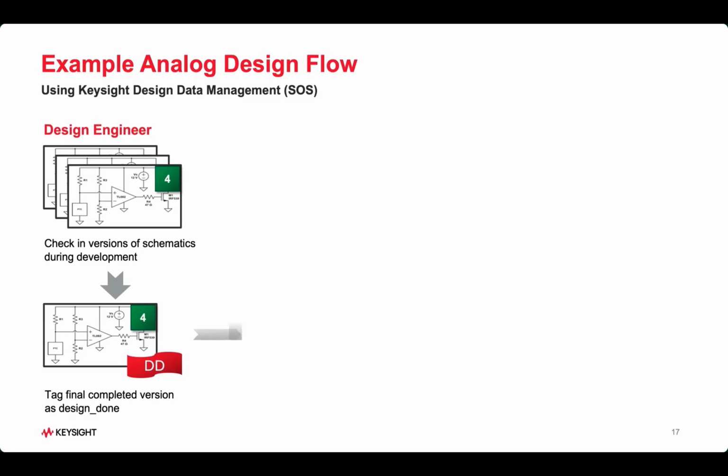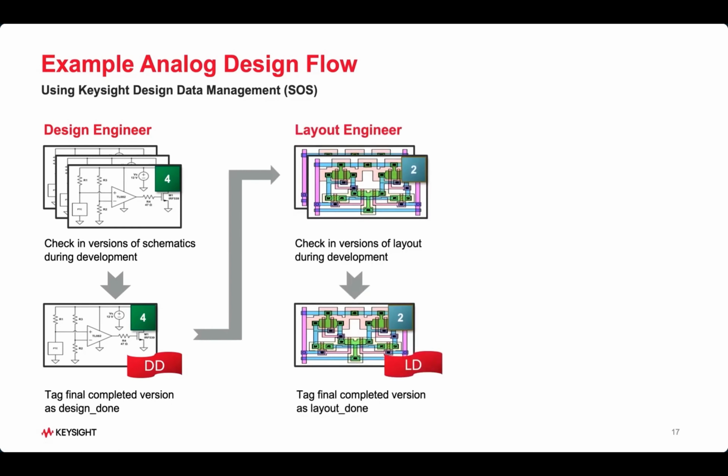At this point, the layout team or the layout engineer would look for this label, the design done label, and build their work areas. And they would then start working on the layouts, and maybe version 2 of the layout is completed. So they will assign the layout done tag to that revision. So we have properly handed that data over to the next team.